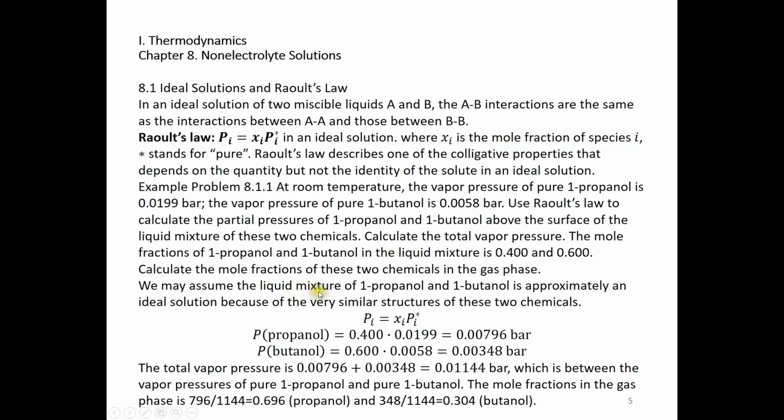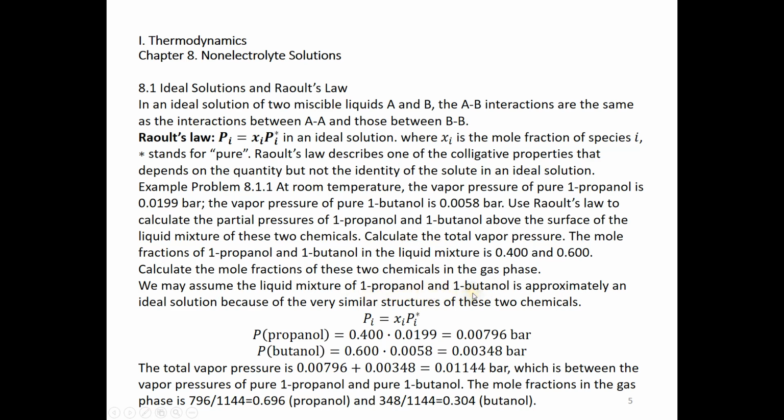We can also calculate the mole fractions of these two chemicals in the gas phase. Now let's assume the liquid mixture of 1-propanol and 1-butanol is approximately an ideal solution because they have similar structures. We're just assuming the interaction between 1-propanol and 1-butanol is approximately the same as the interaction between two 1-propanol molecules.